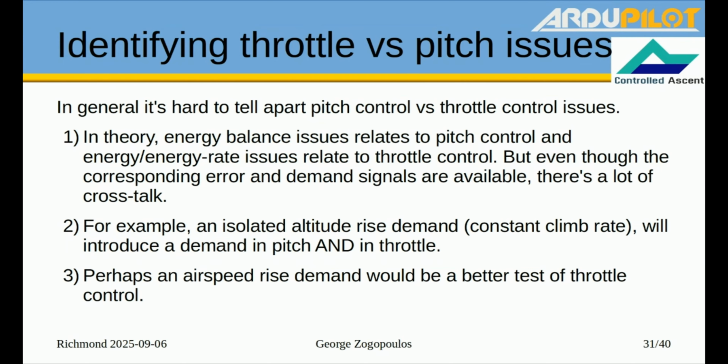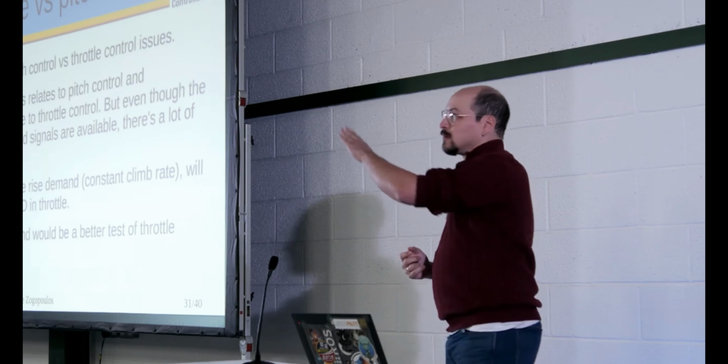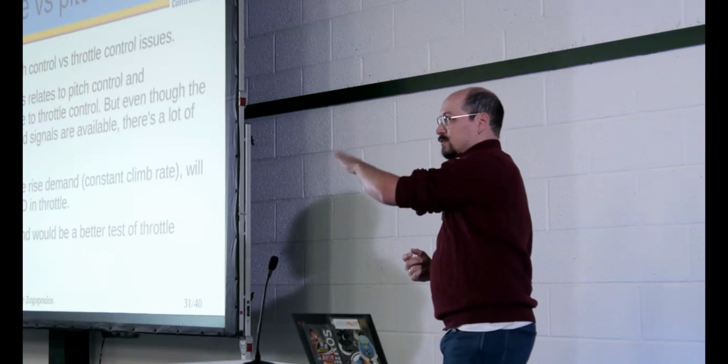In theory, the guidelines say that if there's something with your pitch regulation, then you will see a lot of energy exchange between your airspeed and your altitude. Essentially, you will get a lot of airspeed, lose altitude, and then trade back this energy, gain altitude, lose airspeed, and vice versa.